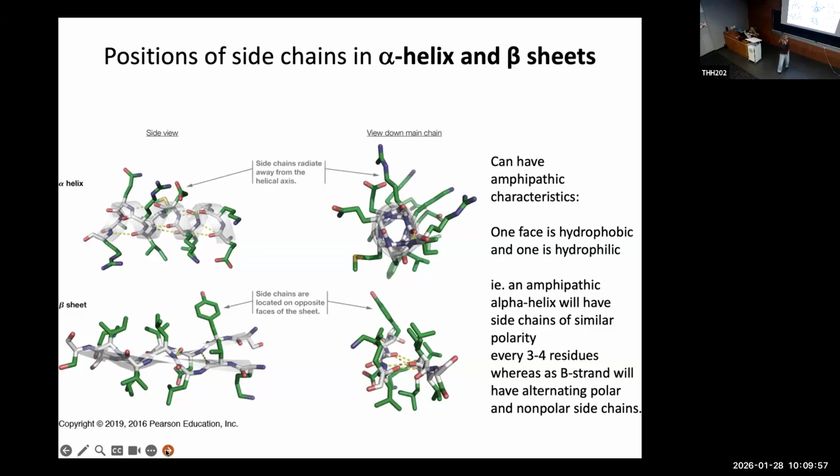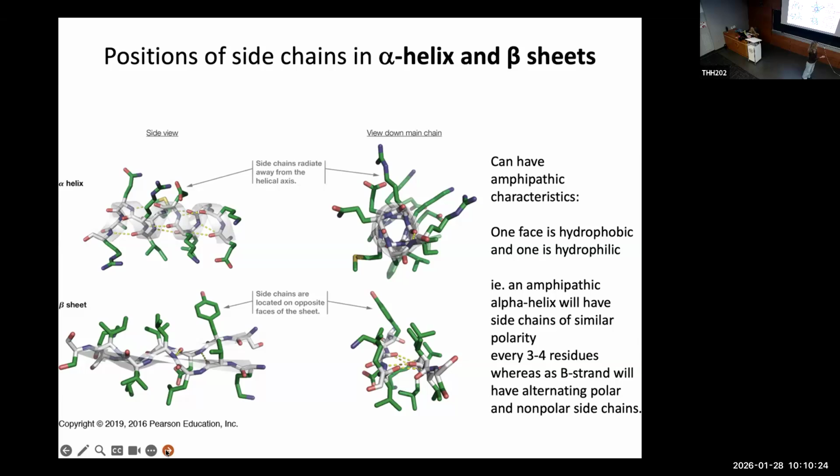Because of that, these individual structures could potentially be amphipathic. What does amphipathic mean? Yeah, it has both hydrophobic and hydrophilic characteristics. So how would an alpha helix be amphipathic?